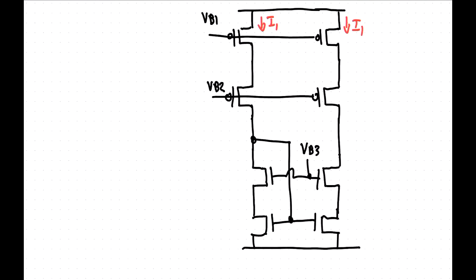You have your current mirror down here, and then you have essentially two cascoded current sources up there. Let's just put in the sources as well: the source here, and the source there, and the source here.